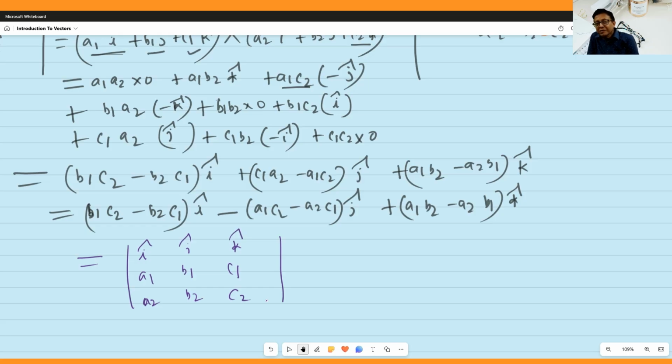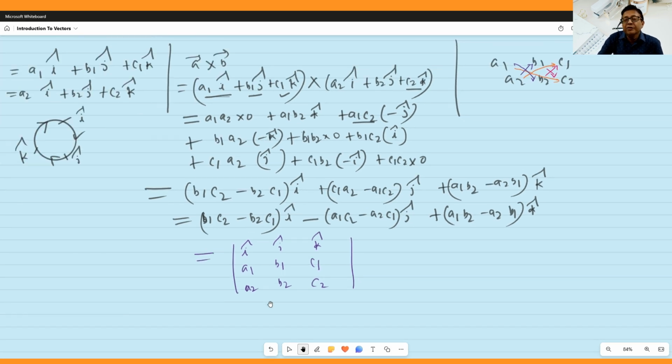I can write this. Then what's the advantage? If I minimize the screen, it will be easier for you to understand. This expansion will be what? I into this one. What? That B1 C2, B2 C1. Downward arrow positive, upward arrow negative. That's why B1 C2 minus B2 C1. Minus J into what?